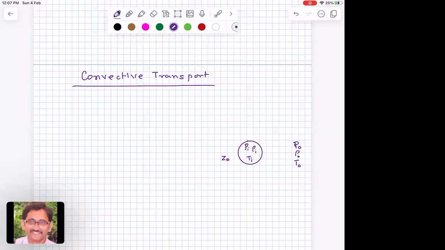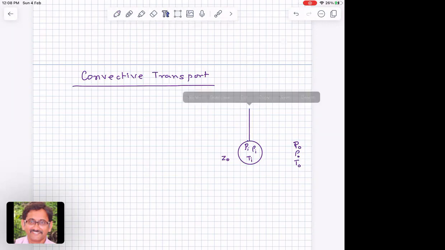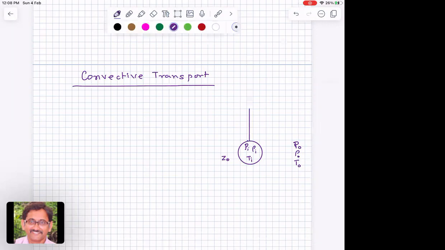Now, the convective transport involves the following. Suppose I transport this blob, for some reason, in the vertical direction. This will be the blob here.